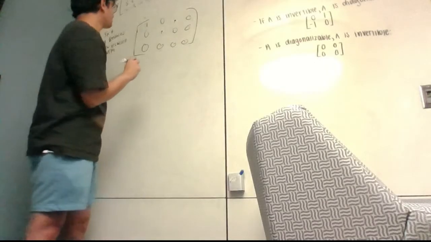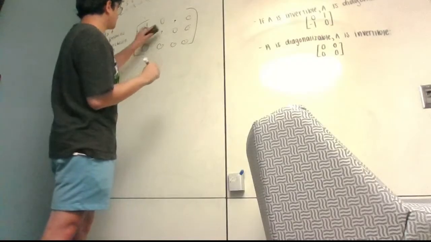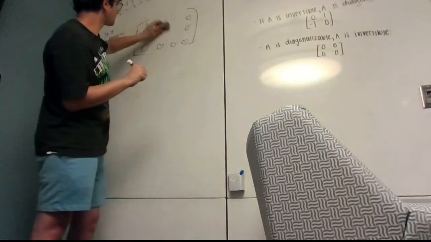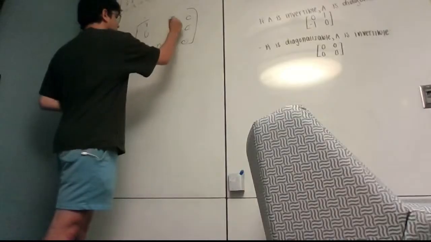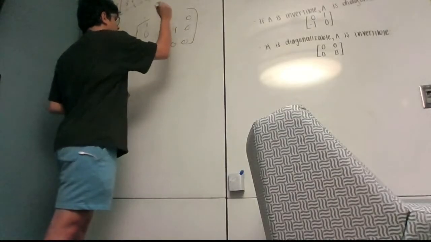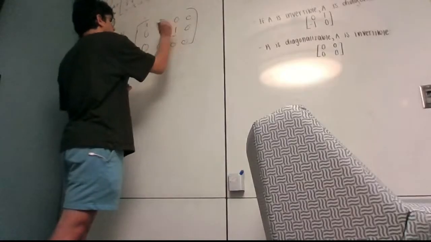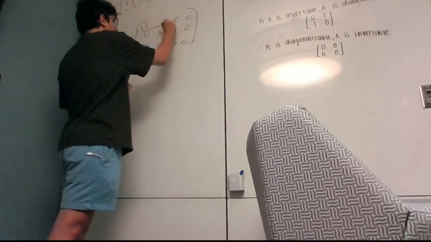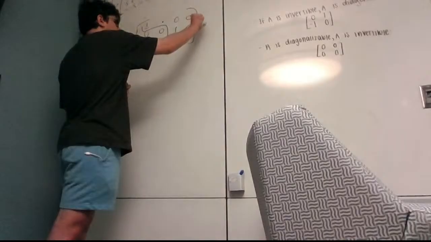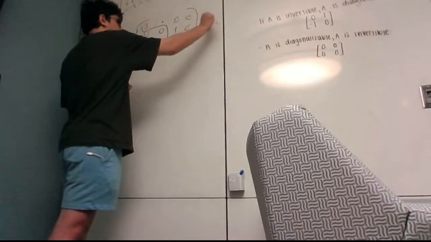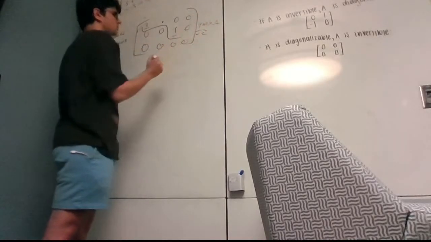Okay, so no. What I've been doing is wrong. So the pivot's here. There has to be 0 above the pivot, right? And then the rank of A would equal 2, because there are two pivots.